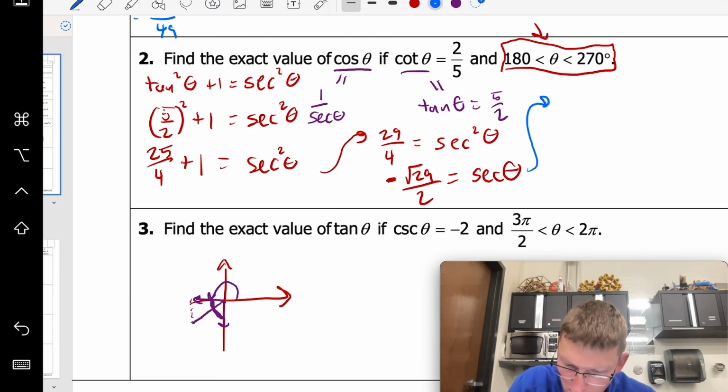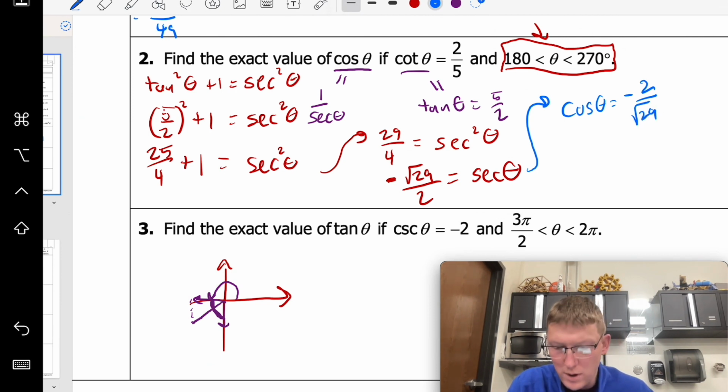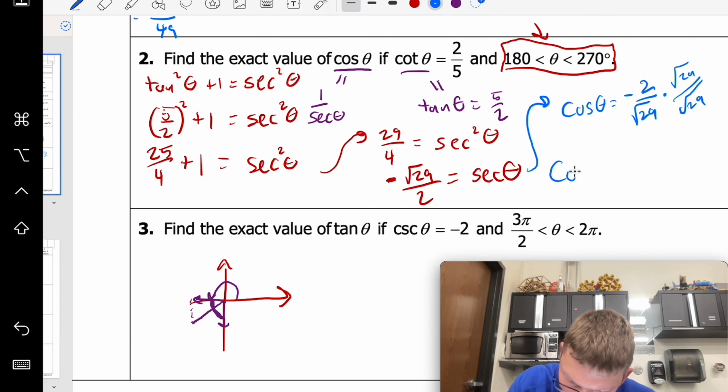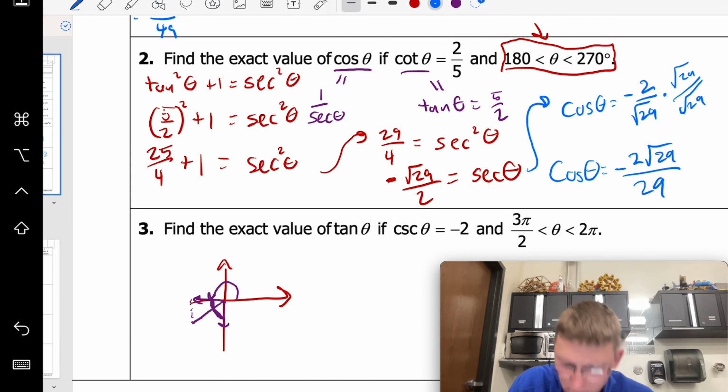So now our cosine of theta is equal to negative 2 over square root of 29. We can't have square root of 29 on the bottom, so we are going to rationalize this. So that means that cosine of theta is equal to negative 2 square root of 29 over 29.